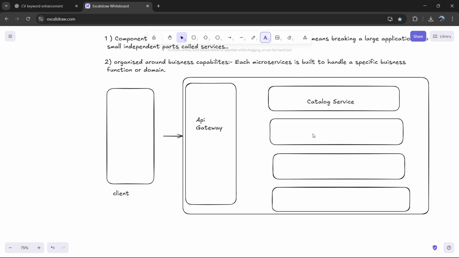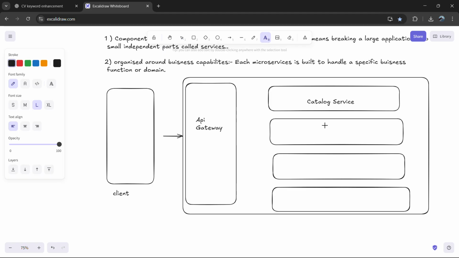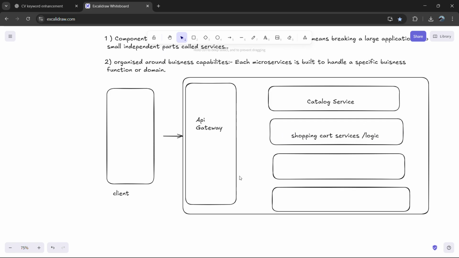And in the second one, we will only write the shopping cart services or logic.